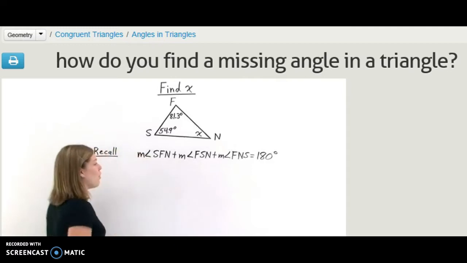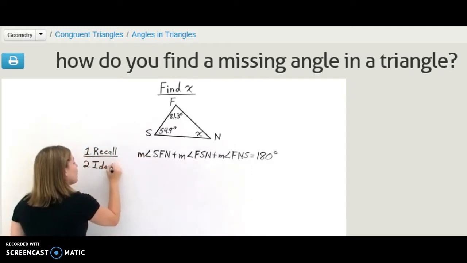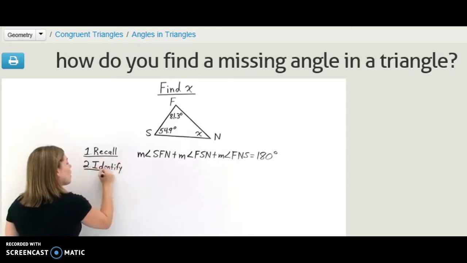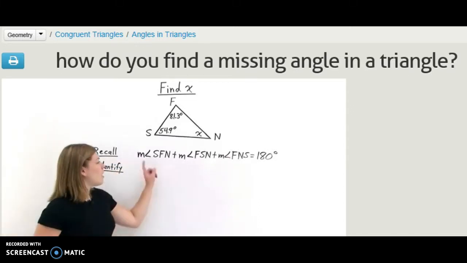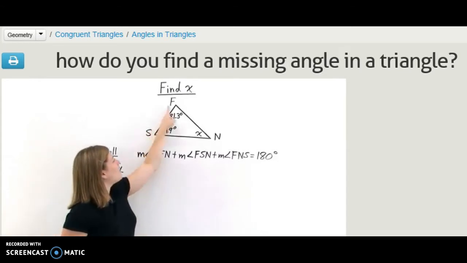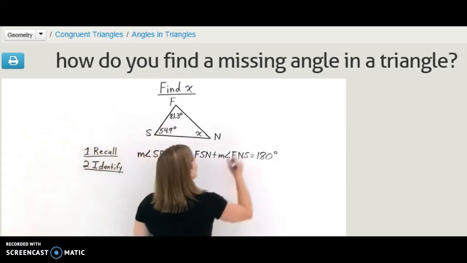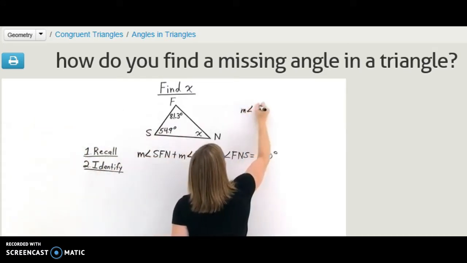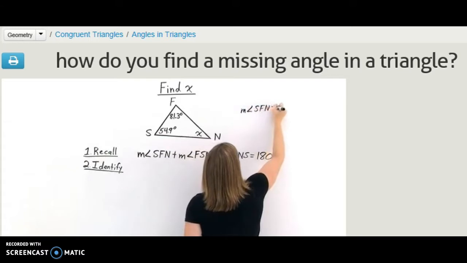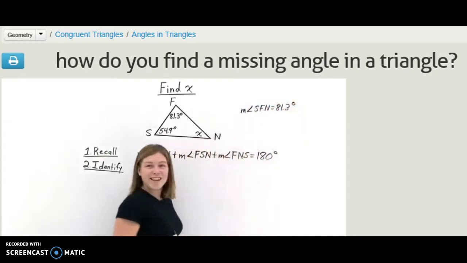Now that we have this equation, let's go through our triangle and identify different angle measurements for each of our angles. First, let's start with this angle measurement, SFN. Well, angle SFN is right here. It measures 81.3 degrees. So the measure of angle SFN is equal to 81.3 degrees. Great!